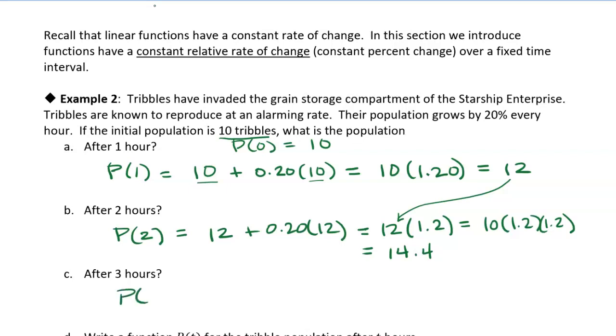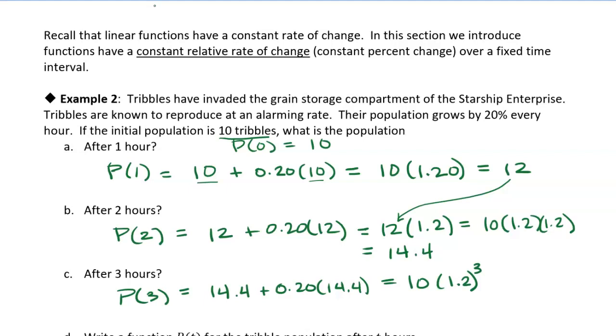So now let's look at 3. Hour 3, basically we're starting out at 14.4 and we're adding 20% of 14.4. And we can do a similar thing. That's the same thing as 10 times 1.2 times 1.2 times 1.2. So it's 1.2 cubed.